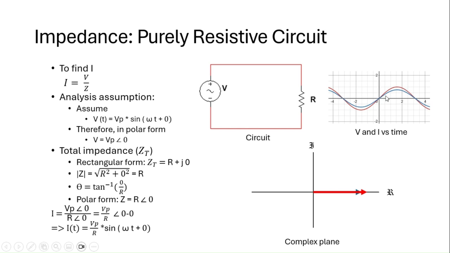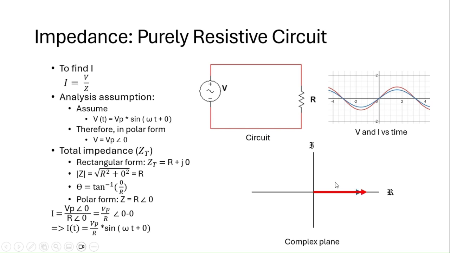Looking at that, what we can tell from the graphs is that in this case only the amplitude was affected. If we were to plot that information on a complex plane, as you can see here, only the amplitude is affected.